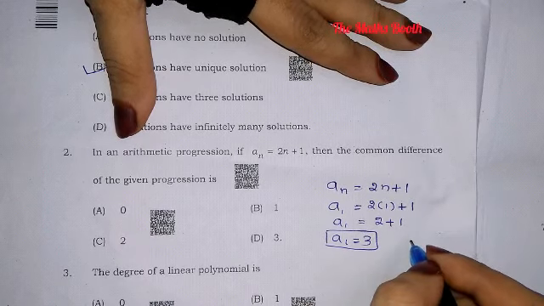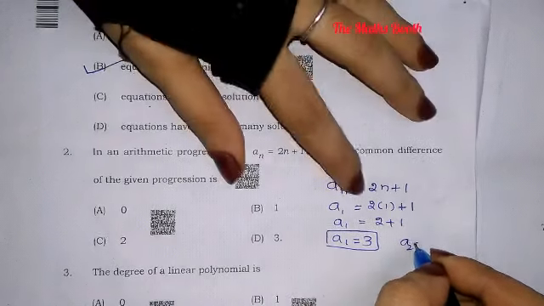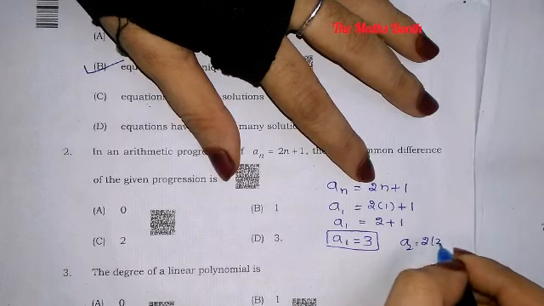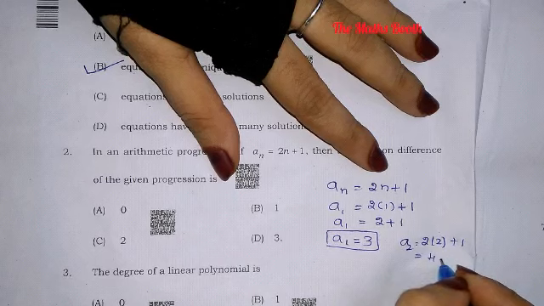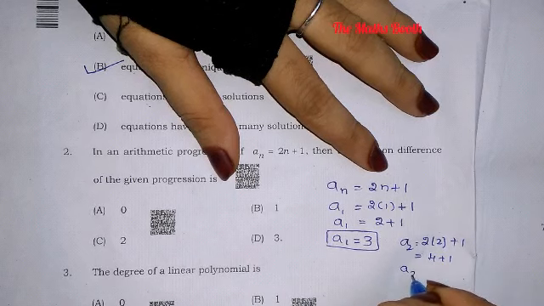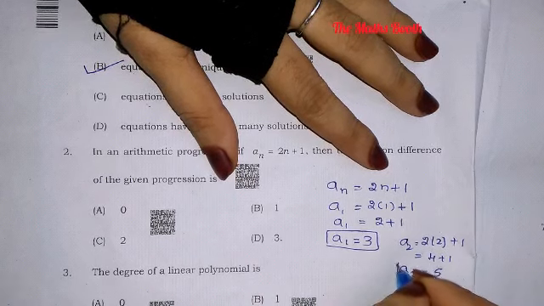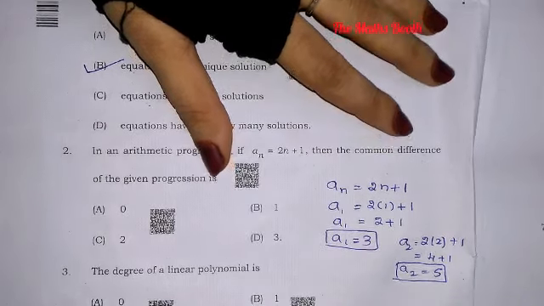Like that only we will find a2. a2 is, in place of n, 2 into 2 plus 1, 2 twos are 4 plus 1, a2 is equal to 5.